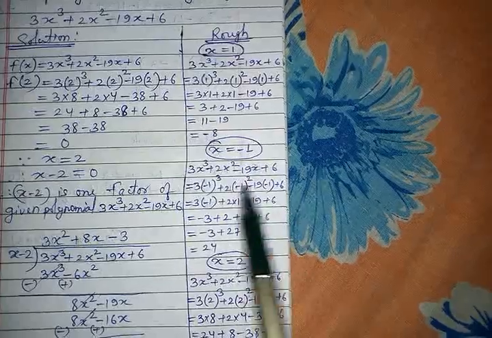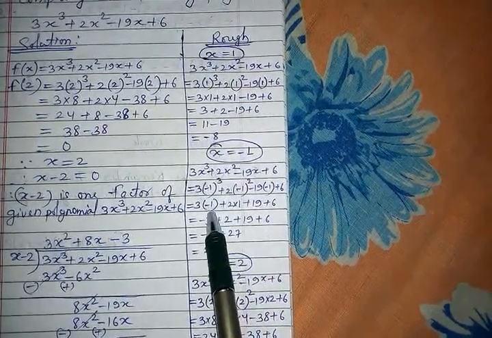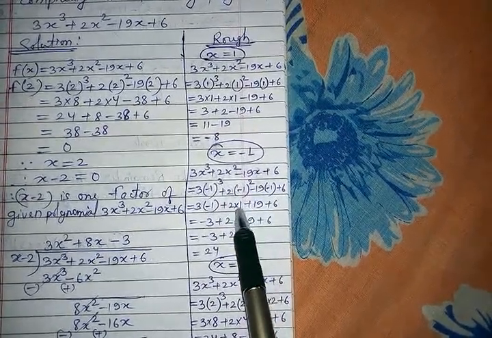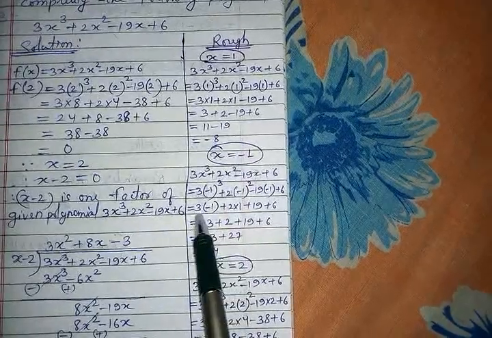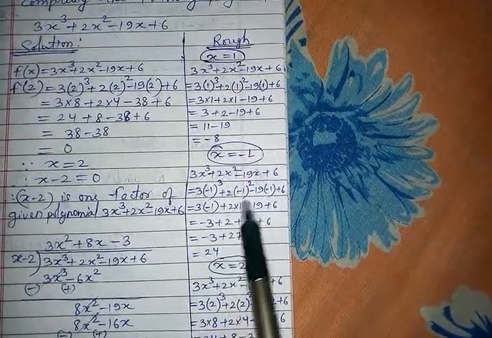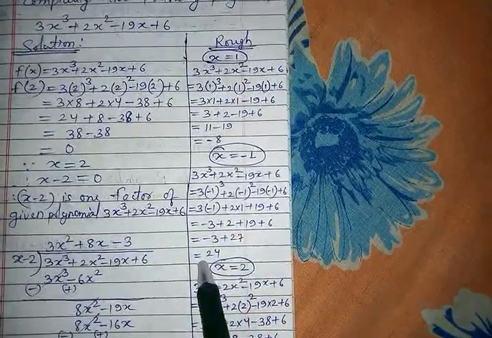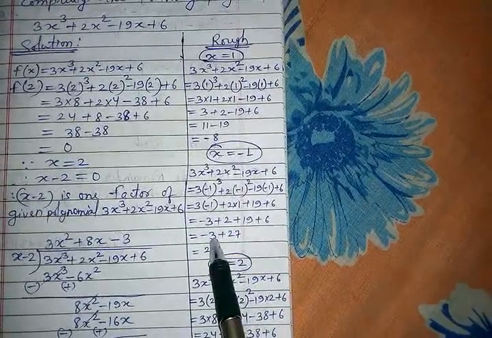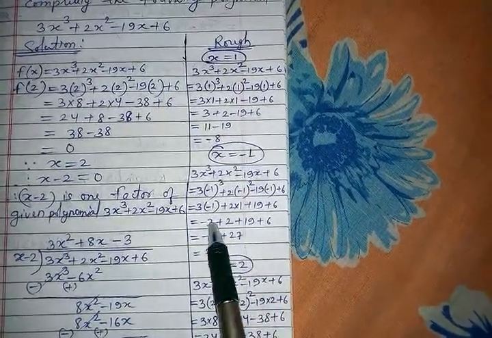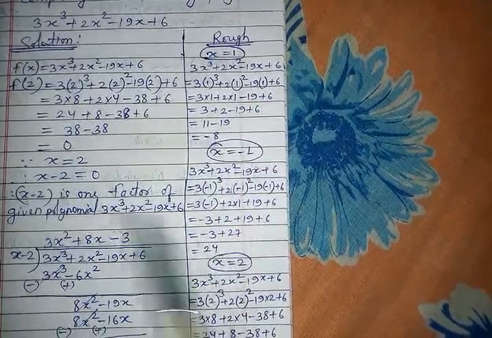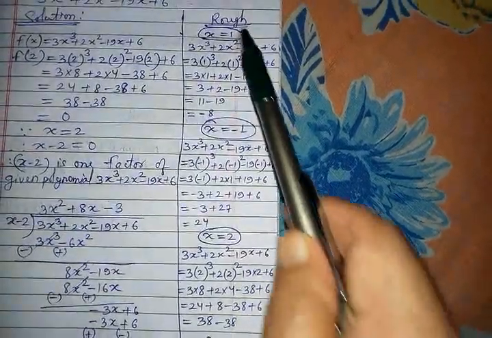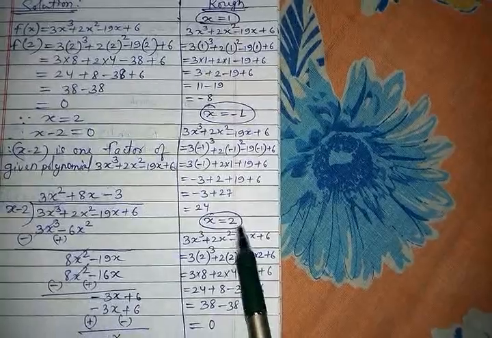That means I have to take the next value, that is -1. I took -1. Same thing, -1 cube is -1, -1 square is +1, 3 ones are 3, -1s are -3, 2 ones are 2. That way I did, and the answer came 24. -3 plus 27, and 0 did not come. Then I moved to the next number, now 2.